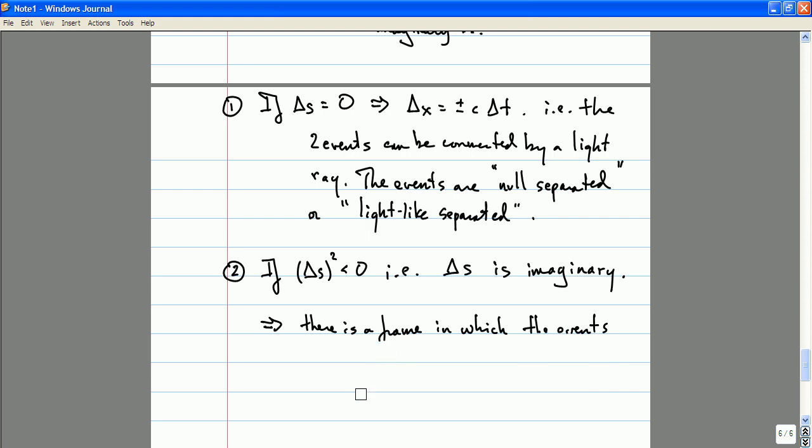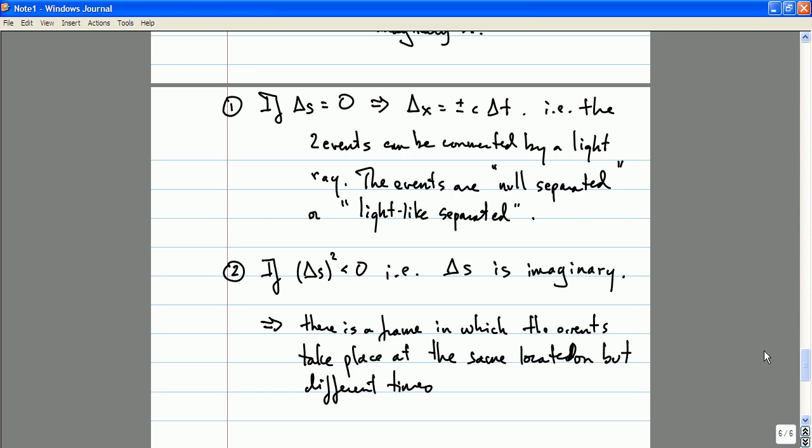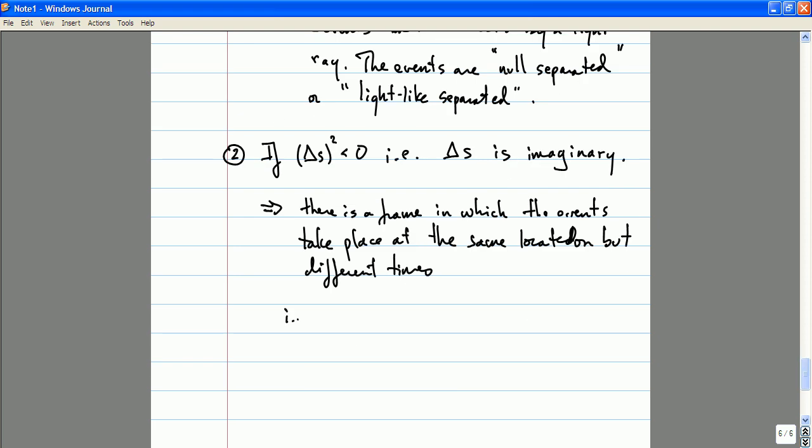There's a frame in which the events take place at the same location, but at different times. Sorry about that. Meaning that there is a coordinate system, let's call it S prime, such that delta x prime is equal to 0, but delta t prime is non-zero.